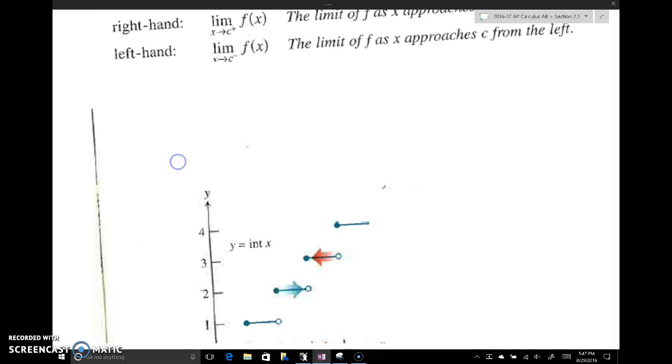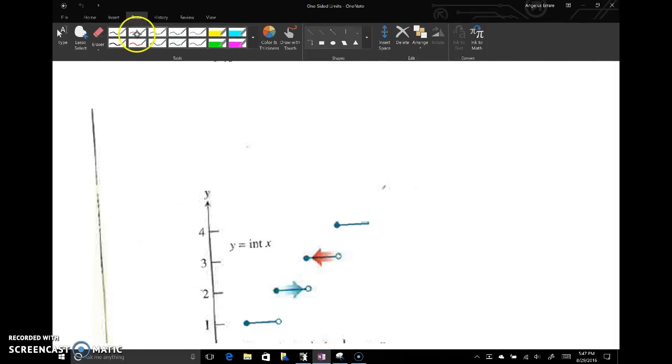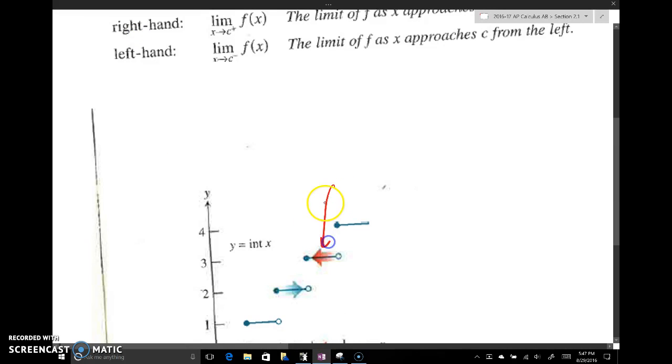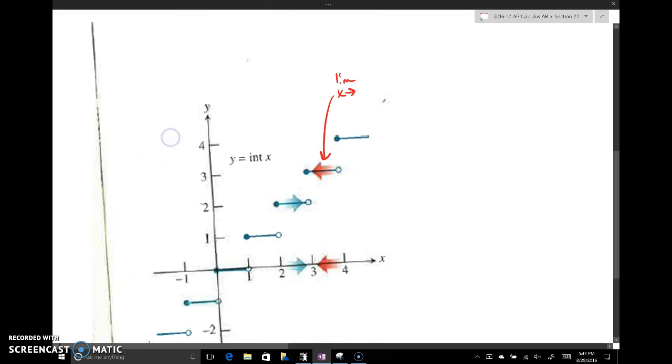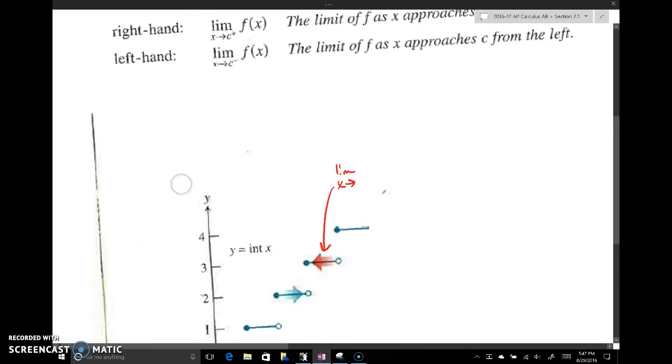So in this case, if we think about approaching a point just from one side, that's a handed limit. So here in the red arrow, we have the limit as x is approaching, let's see what this value is, 3.